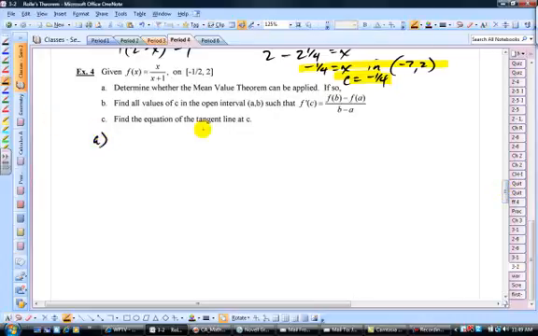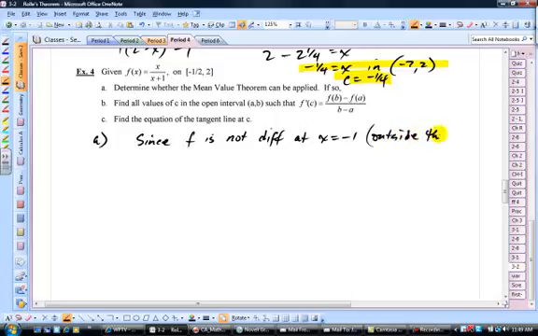So determine whether it applies. So we say that since f is not defined or not differentiable at x equals negative 1, outside the interval, outside negative 1/2 to 2.